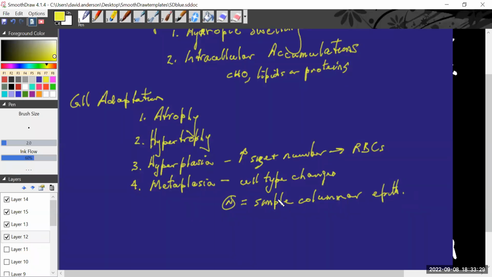It's actually, you guys probably, it's more correctly called a pseudostratified columnar epithelium. But with smokers, it becomes a stratified squamous.